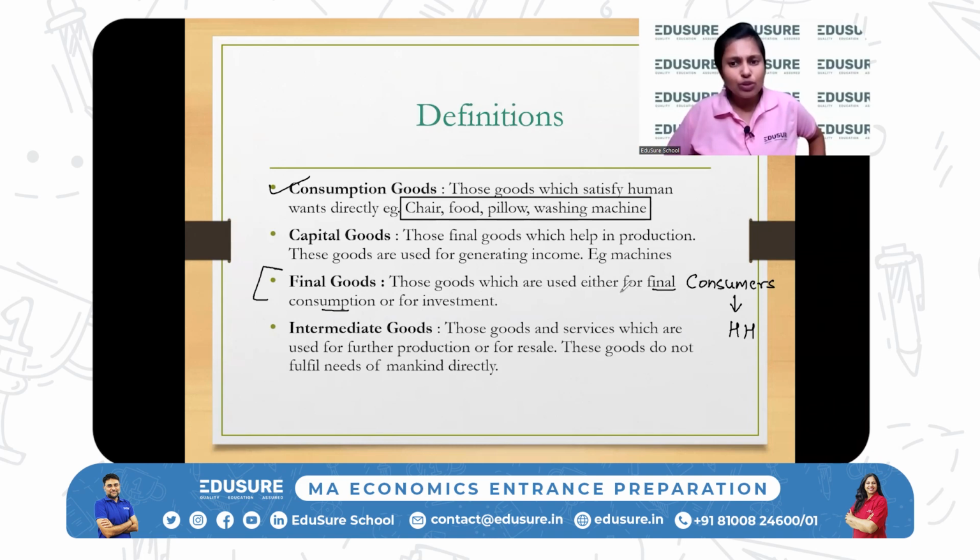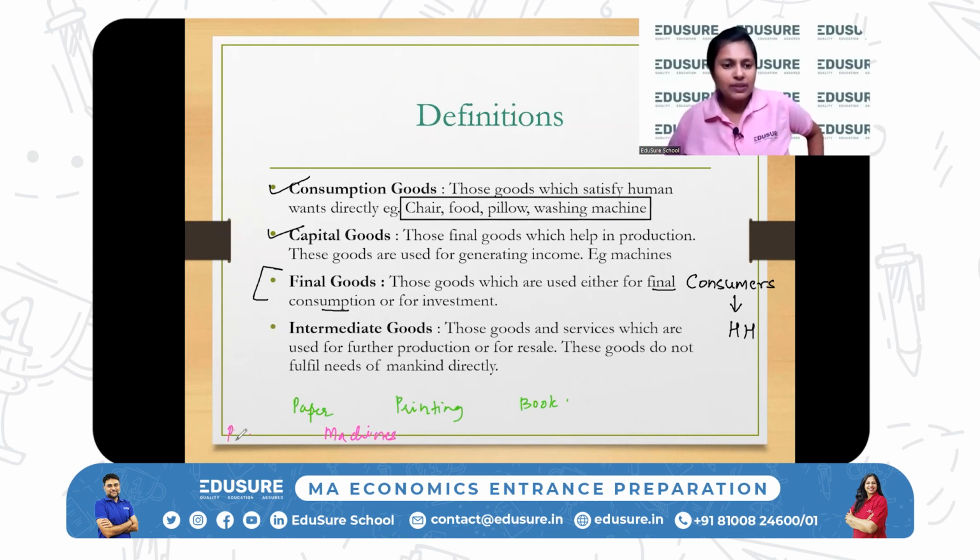Another type of final good is capital goods. Okay, I'll give you an example of what are capital goods. So we did this example of paper, printing, book. Now behind this paper, printing and book are machines.